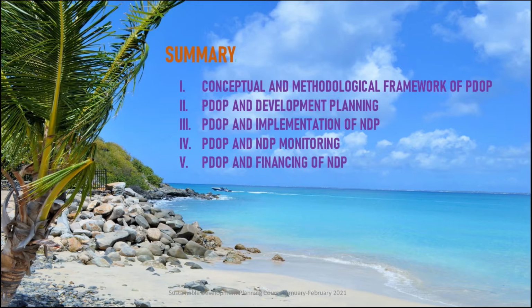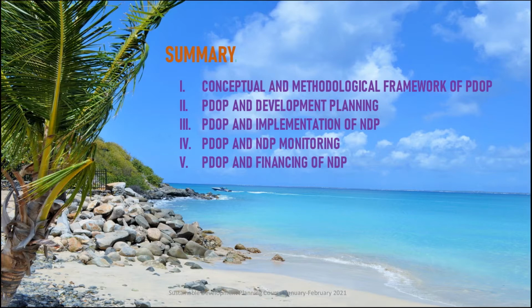We will examine it through the following plan in 5 sections. The first one is about the conceptual and methodological framework of the purpose and delivery-oriented planning, PDOP. The second section is how we use PDOP for working out the development planning.